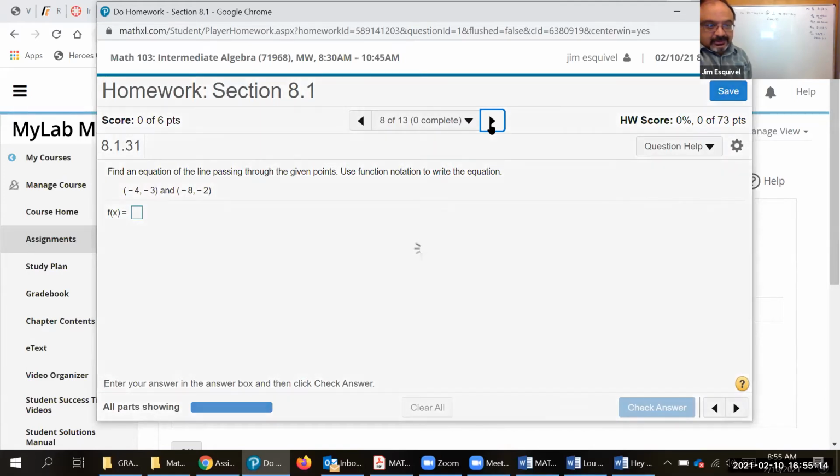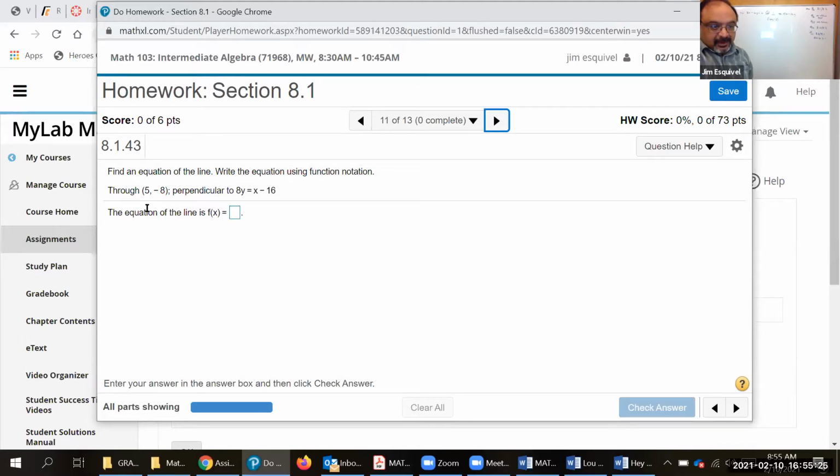Okay, function notation, function notation, function notation. Through the point (5, -8), and it's perpendicular to 8y equal to x minus 16. Function notation. Okay. Quick question. So writing the equation of the line using function notation.